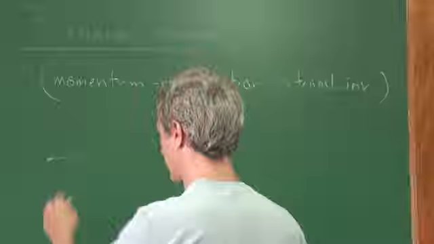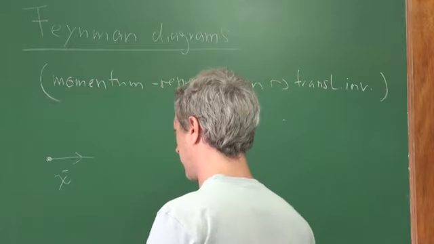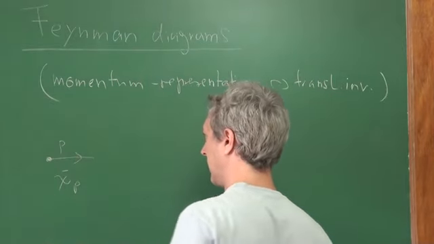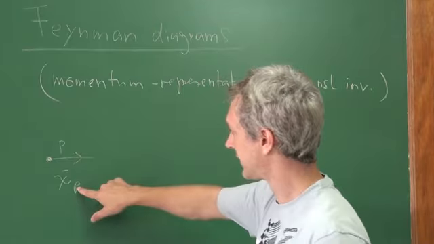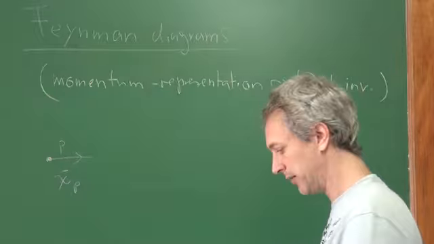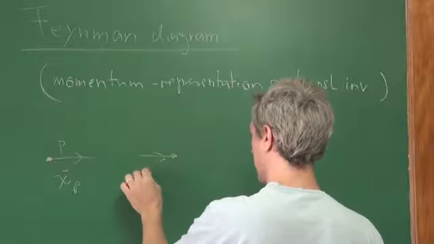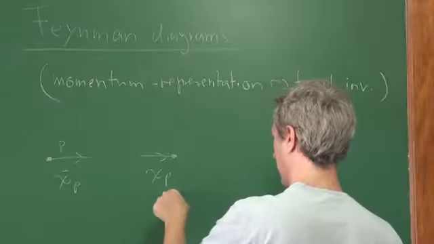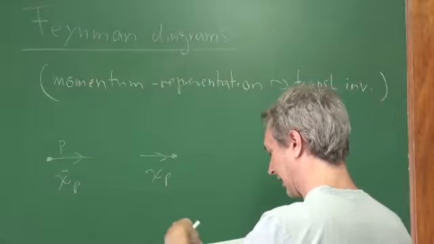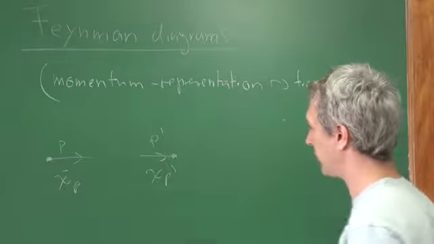So this was, for example, the eigenvalue of the creation operator, and now this, instead of carrying an index x, like the point where it's represented, now contains a momentum p. In the same way, you can introduce the ingoing leg corresponding to an annihilation operator, which now has some momentum p prime.